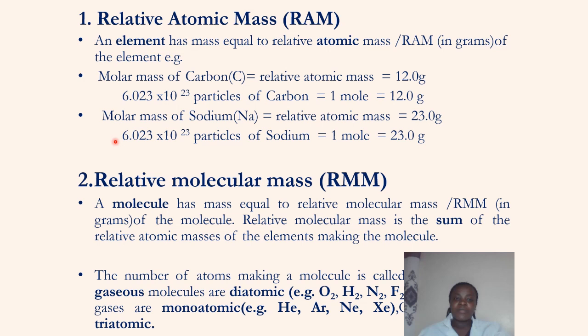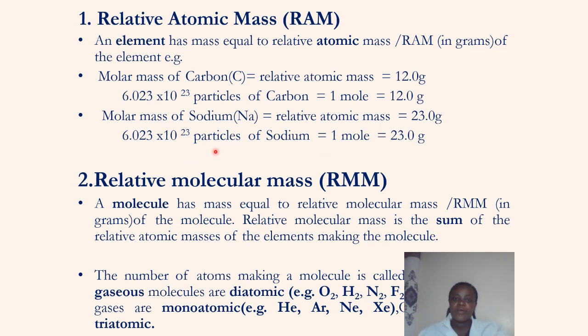Then, for example, for sodium, the molar mass for sodium is 23.0 grams. So what is its relative atomic mass? It is also 23.0 grams. So 6.023 times 10 raised to the power 23 particles of sodium is equal to 1 mole of the sodium element, and is equal to 23.0 grams.